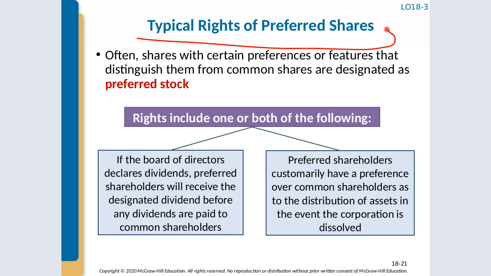Preferred stock shareholders do not have the right to vote like common shareholders. So they give up that right, but instead they have the right to receive their share of dividends first. Okay, so they get first dibs on that. And then if the corporation were to liquidate, they also get first dibs on any assets that are liquidated. Okay.